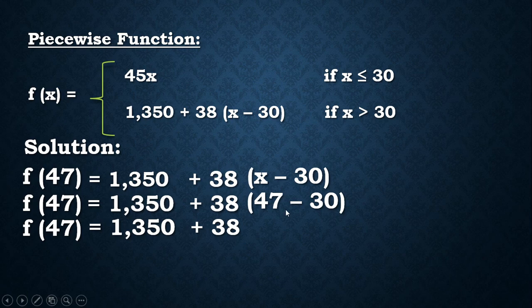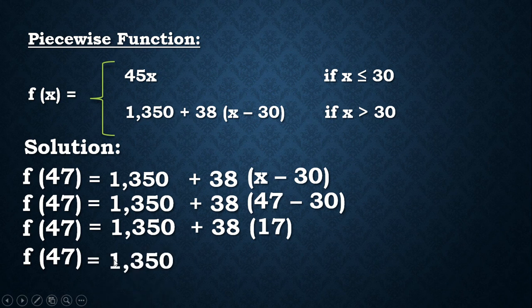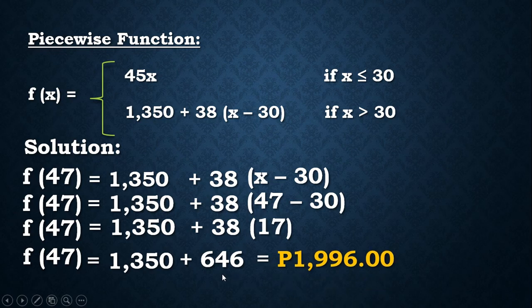Next step, f of 47 is equal to 1,350 plus 38, and then 47 minus 30, and that is 17. Next step, f of 47 is equal to 1,350 plus 646. We multiply 38 times 17, that's why we come up with 646. Now, we are going to add this. 1,350 plus 646, and that is 1,996.